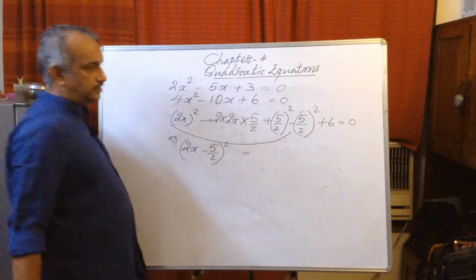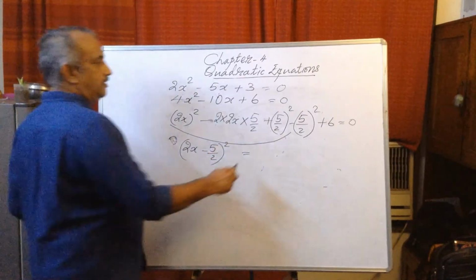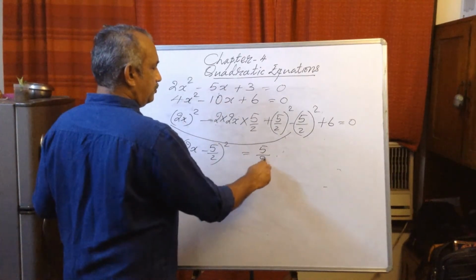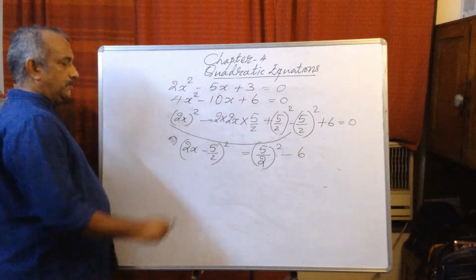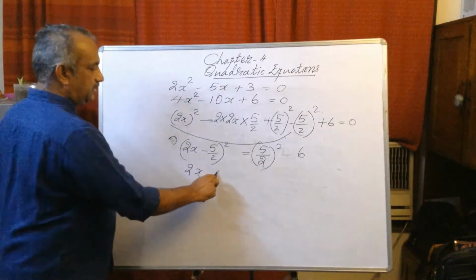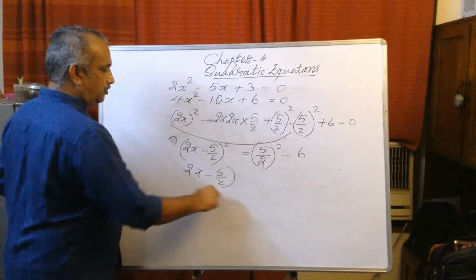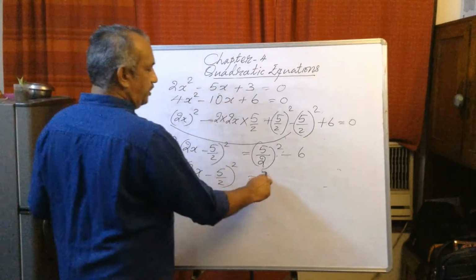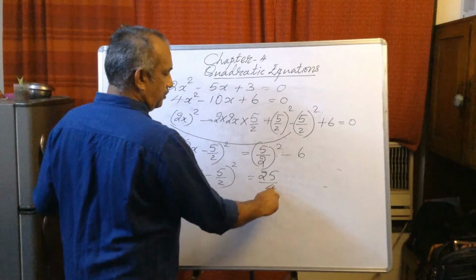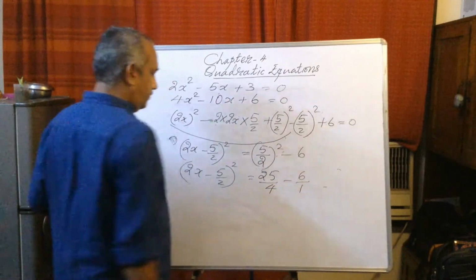I am taking the rest of the terms to the other side. It will become 5 by 2 the whole square minus 6. Again, 2x minus 5 by 2 the whole square is equal to 25 upon 4 minus 6 upon 1.